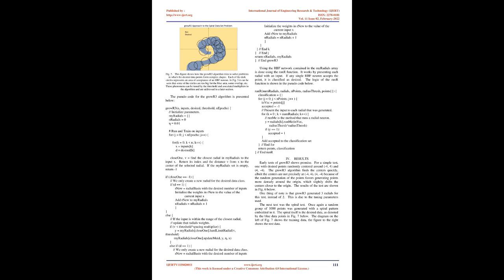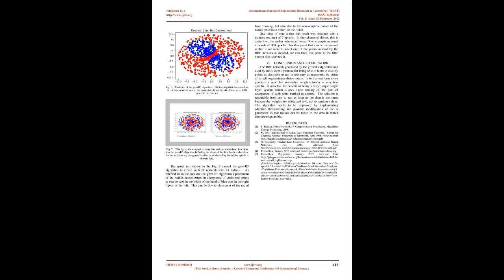runR, number radials, endpoints, radius thresh, points, classification equals 4, J equals 0, J endpoints, J++. Invec equals points J. Accepted equals -1. Present the input to each radial that was generated. 4, K equals 0, K number radials, K++. runMe is the method that runs a radial neuron.